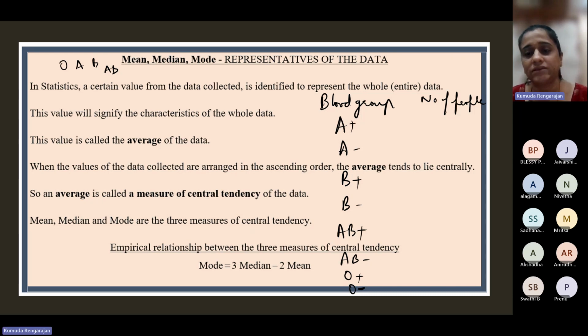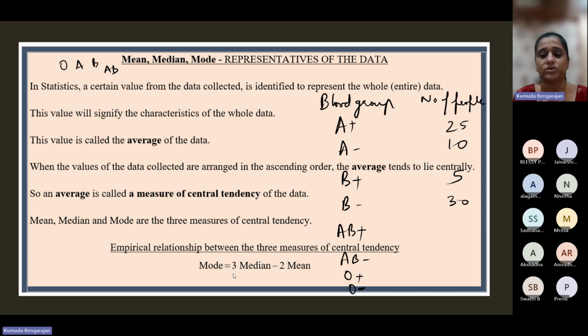So, like this, A plus, say 25, A negative, some 10, B positive, 5, B negative. So like this, you have some numbers against every blood group.